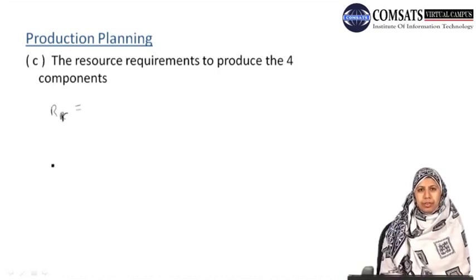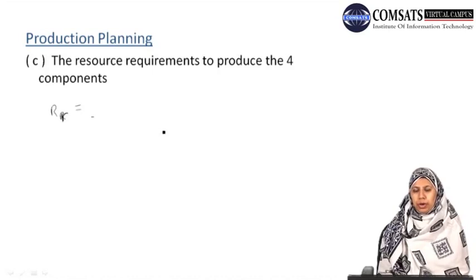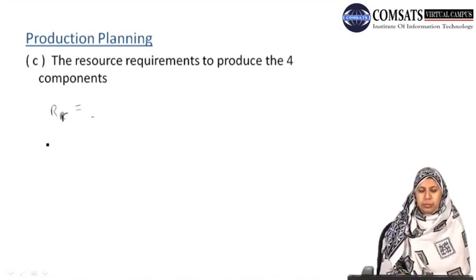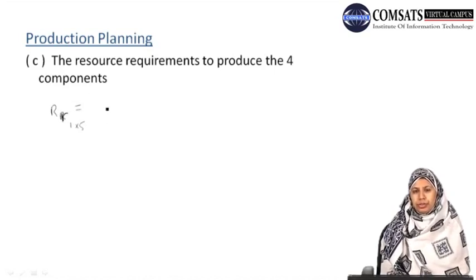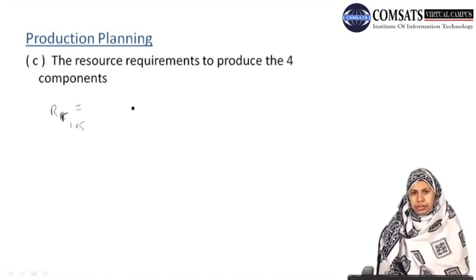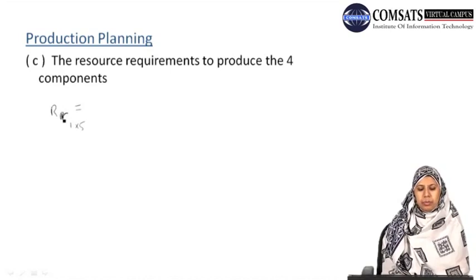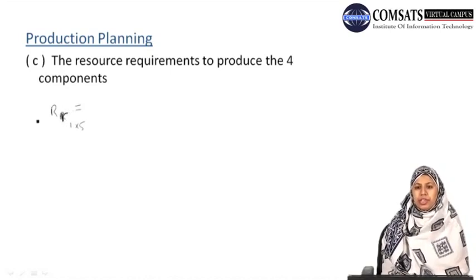Now we have 5 types of resources and 4 components, which means that this output matrix should be a matrix of order 1 by 5, that is 1 row and 5 columns, where each column represents the number of units required for resource 1, resource 2, resource 3, hours for the production labor, and hours for the assembly labor. Okay, how can we obtain this matrix of resource requirements for the 4 components?